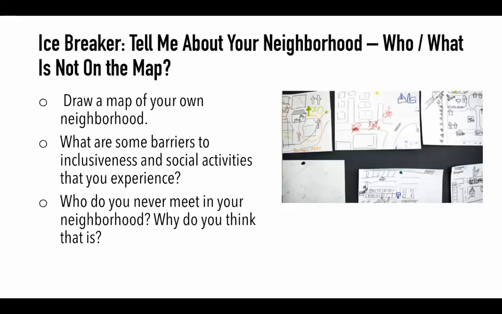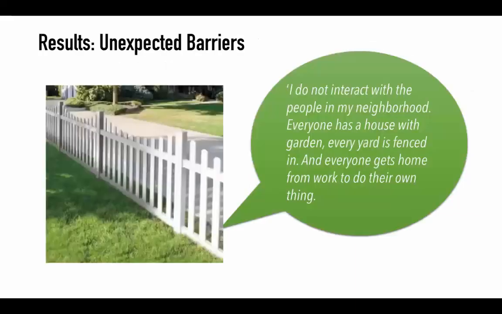We found this was a really fascinating and fruitful activity. One of the things was that we identified some unexpected barriers to engagement, inclusion, and building community. This was somebody who is probably solid upper middle class, suburbia, and he said, I do not ever interact with the people in my neighborhood. Everyone has a house with a garden, every yard is fenced in, and everyone gets home from work to do their own thing.